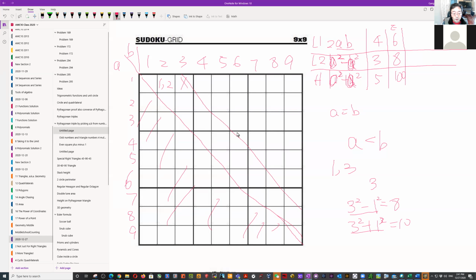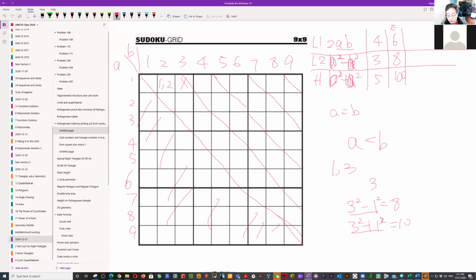And we also need to avoid this: both even, both odd. So we should cross out those selections that will not end with a primitive triple.